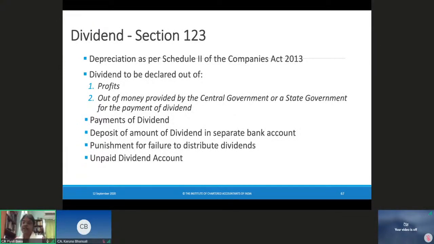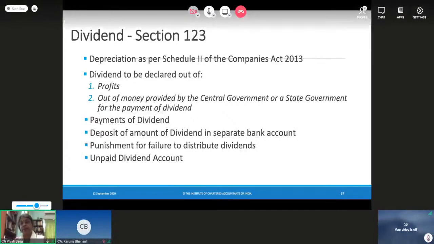So any scheduled bank it can open and it will remain there. The dividend has to be paid in cash, or through online mode, or cheques, or as I said, through bonus shares. And such transfer shall be made within 7 days from the expiry of the 30 days.